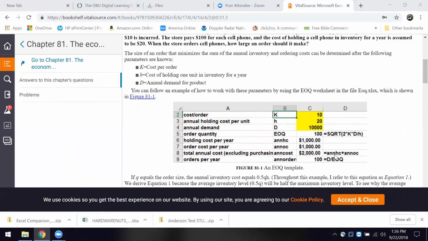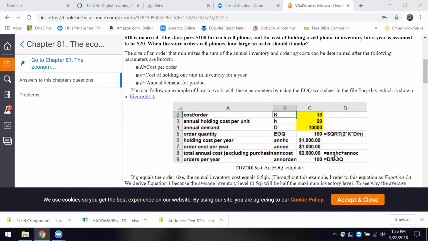Use the name manager, because I see this one, ANNHC, which I think is annual holding cost, and then we have ANNOC, which I believe probably is annual order costs.